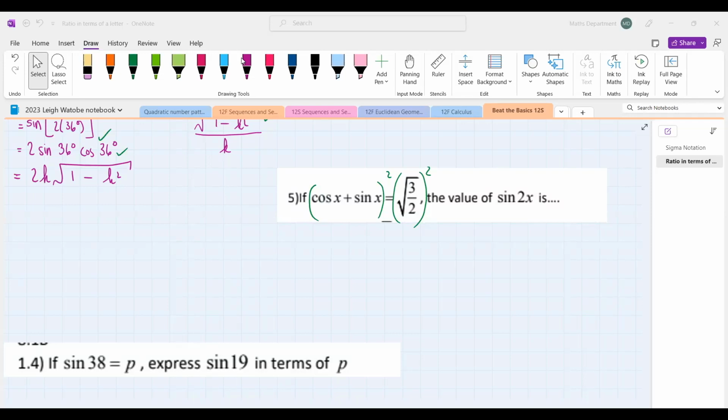Yes, Lesejo. Nice. You can move on to 1.4. You guys are really doing well.